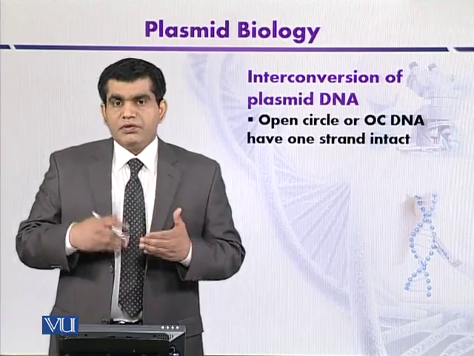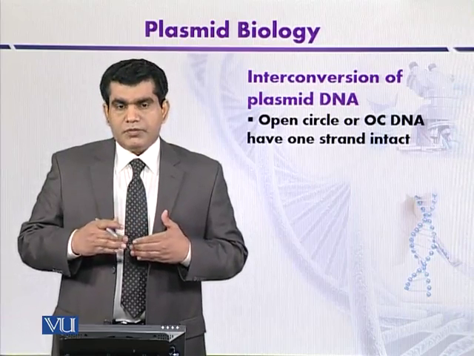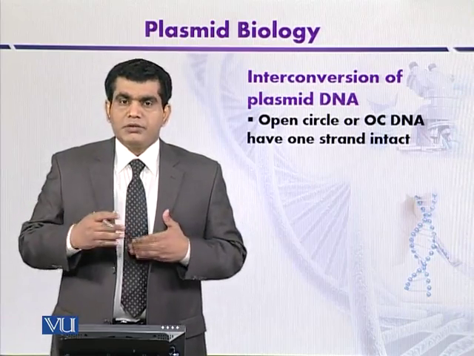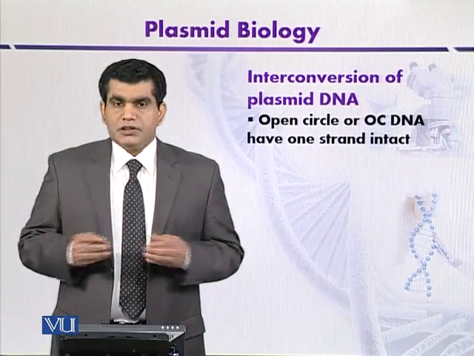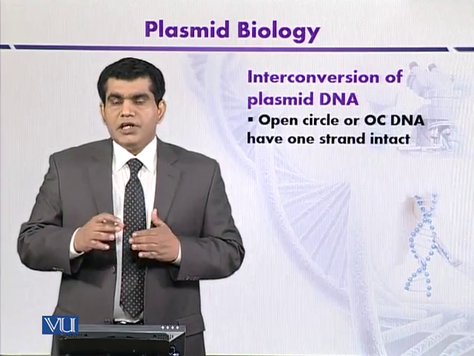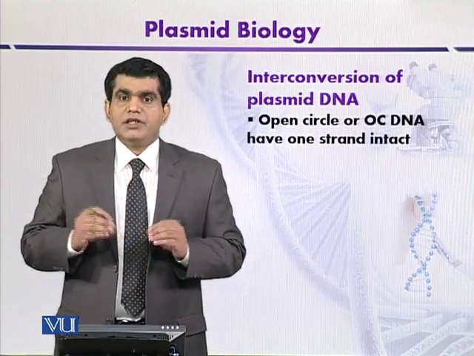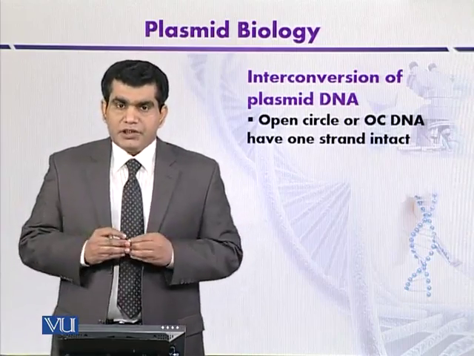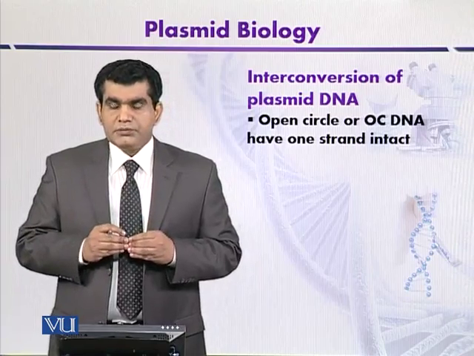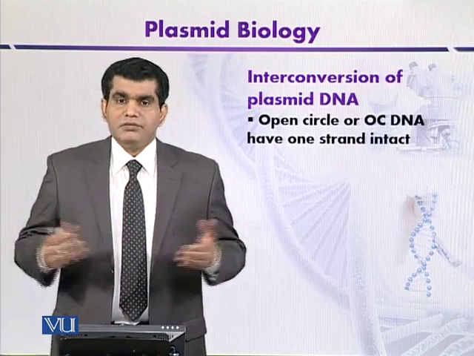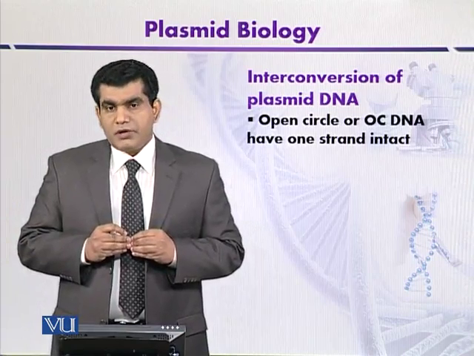And if we want to create open circle DNA, then the DNA can be treated with endonucleases so that they can cut one strand of the DNA, and we can have the open circle form of DNA.